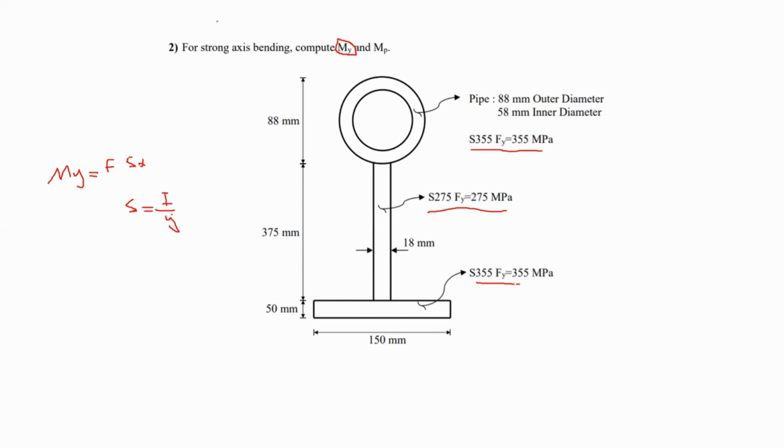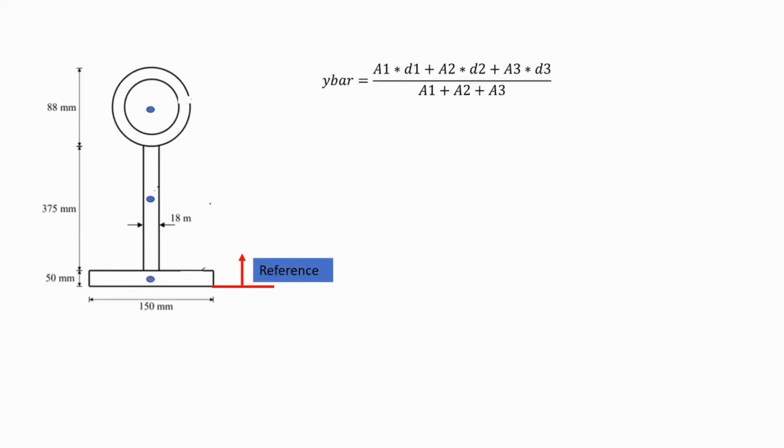So I need these two things, the moment of inertia, and y. Therefore, I will start by finding the centroid of the whole shape. Y bar, I'm going to find the axis. The axis is supposed to be somewhere here, the x-axis.